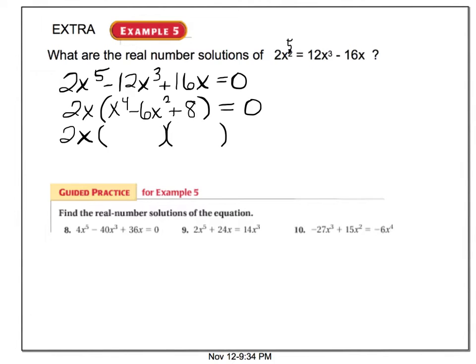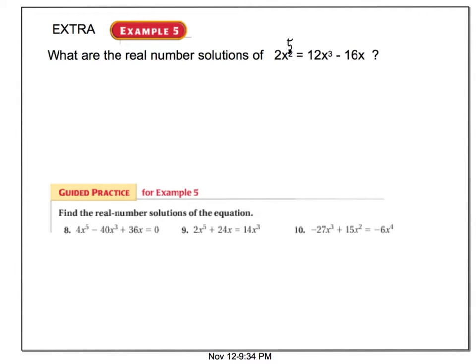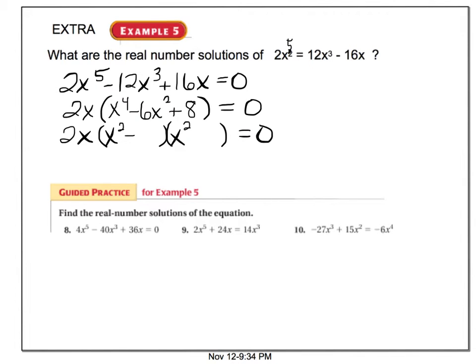This trinomial will factor into the 2 binomials. What factors go in the last terms? Again, the question you're asking yourself is, what 2 numbers when multiplied give me an 8, but when added give me a negative 6? That's a negative 4 and a negative 2.